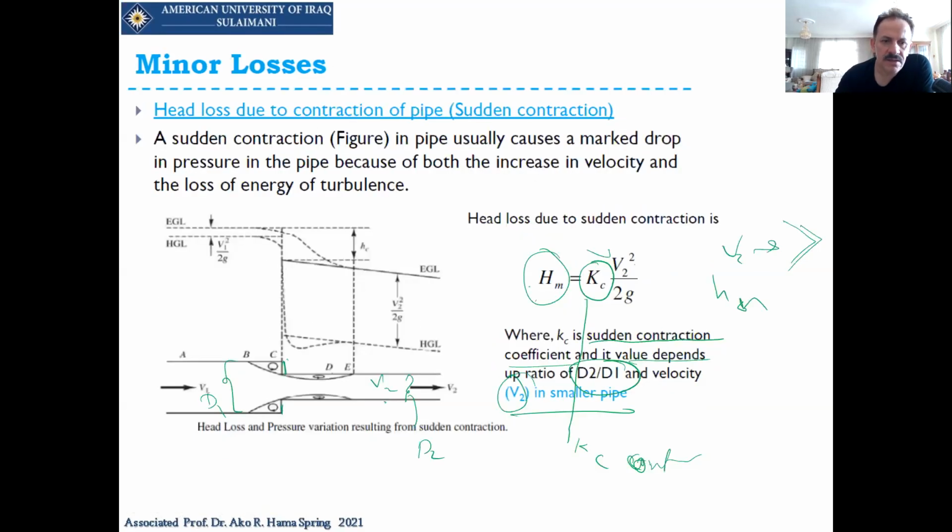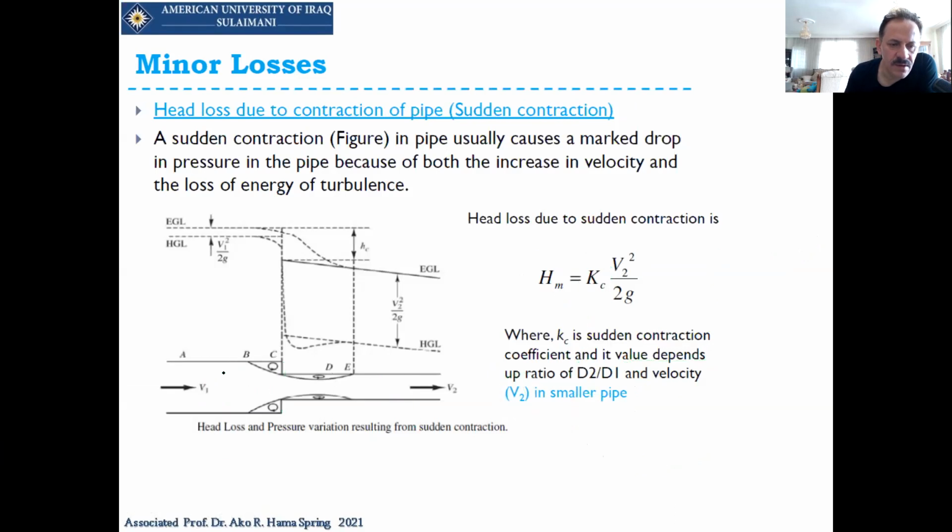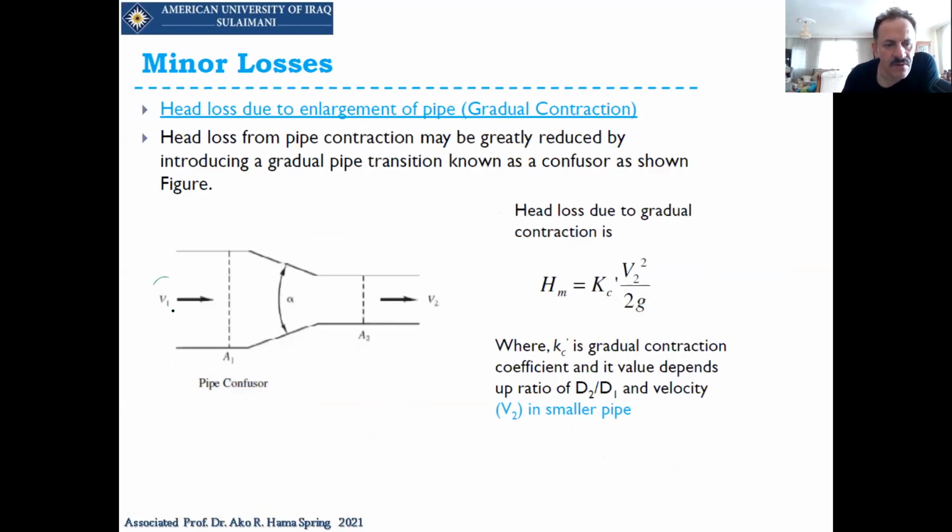There is another kind of contraction. Instead of having this sudden contraction, we have a gradual one. The gradual contraction will be like this. We have V1, we have V2, so there will be a gradual contraction.